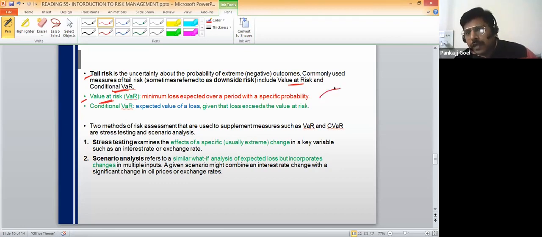Because of that risk, how much will be the loss in the expected value? That is conditional VAR. For example, the risk of going down will be there, so first what we measure is VAR. After this risk, there is more risk within the business, so what do we call that? Conditional VAR.